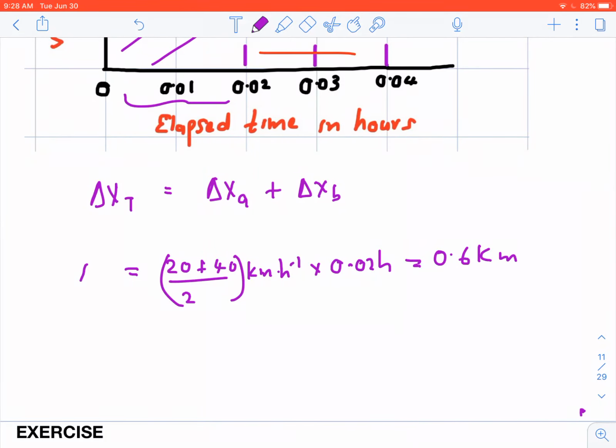So this one here is for the change in x of A.